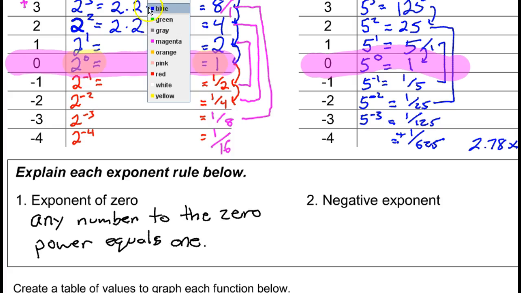Now, can anybody think of an exception to this rule, by the way? Having said all that, does anything to the 0 power always equal 1? So what if I did 0 to the 2nd power, 0 to the 3rd power, 0 to the 4th power, and continued that?